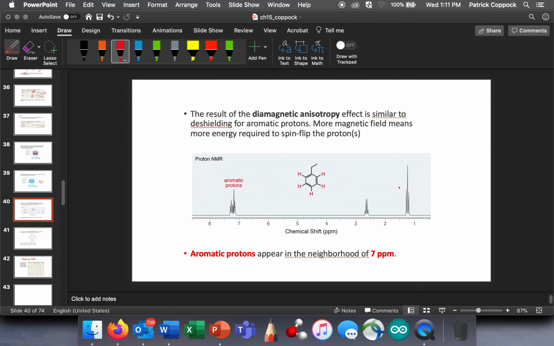Let's move on. So look at this, hydrogens on a benzene ring, you see that? They're way downfield. They're down here at 7.2, right? And that's because of diamagnetic anisotropy. All right? So again, you don't have to know the term, but do be advised. There is a reason why these are way downfield. There's no electronegative atom on here, and it's not polar, but it's still very deshielded.